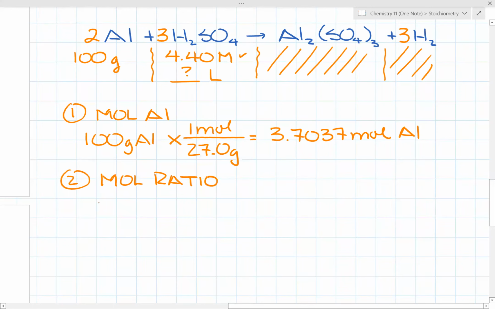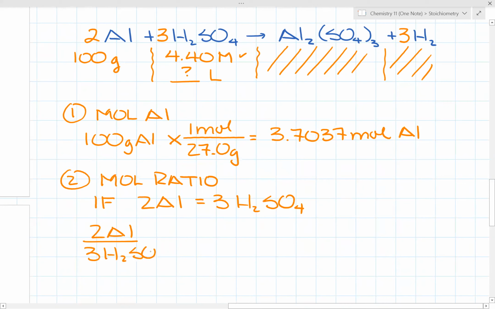And again, 2 aluminums gives me 3 H2SO4, so what we have is 2 aluminums over 3 H2SO4 is equal to 3.7037 moles of aluminum all over X moles of H2SO4.